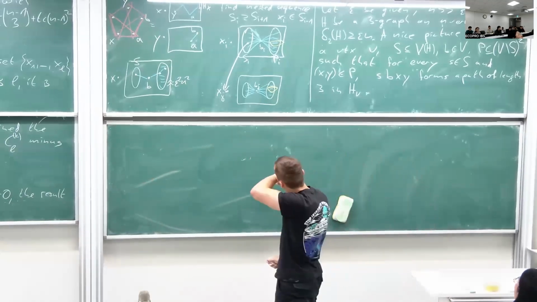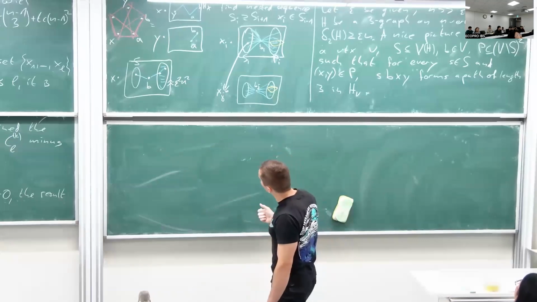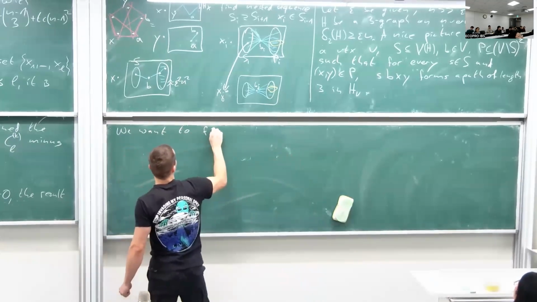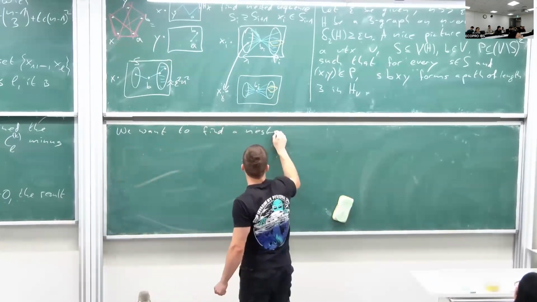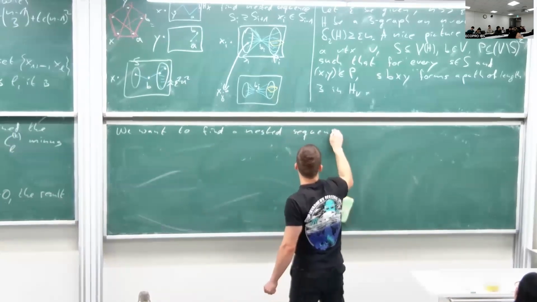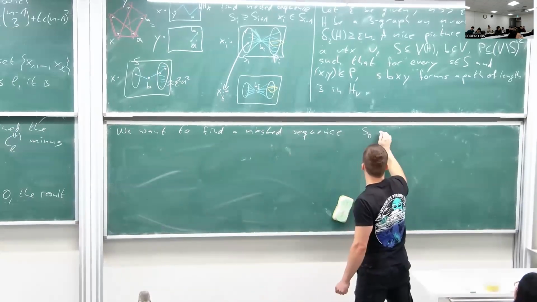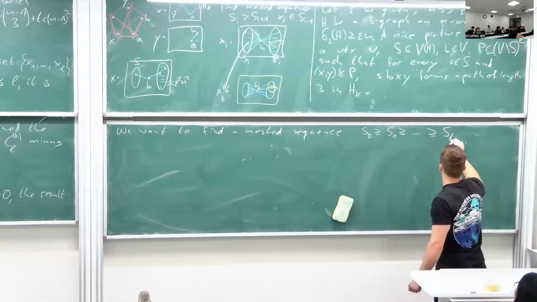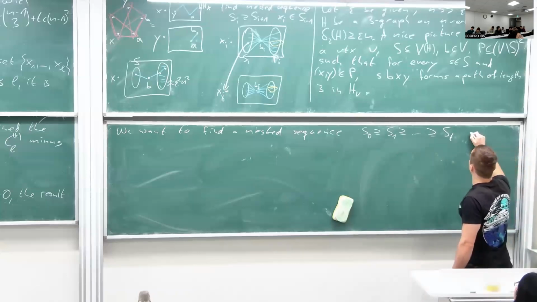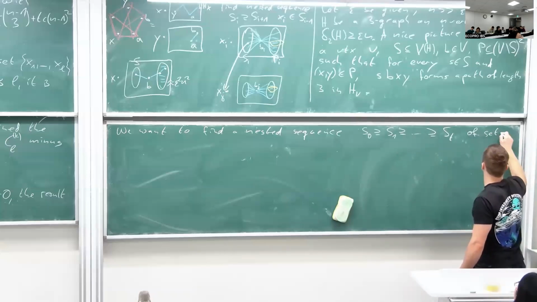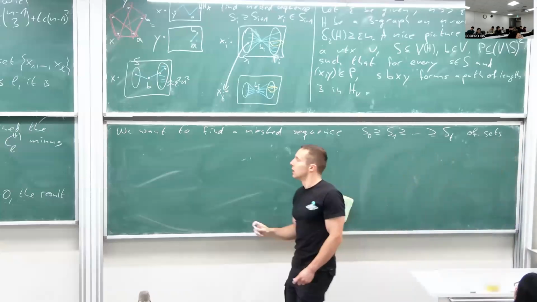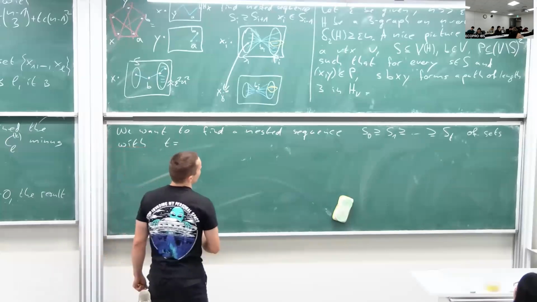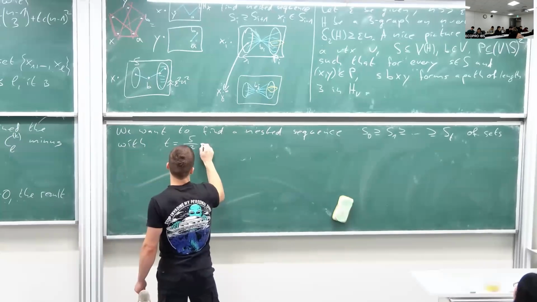Okay. So we want to find a sequence, with T chosen as 5 over epsilon squared plus 1.